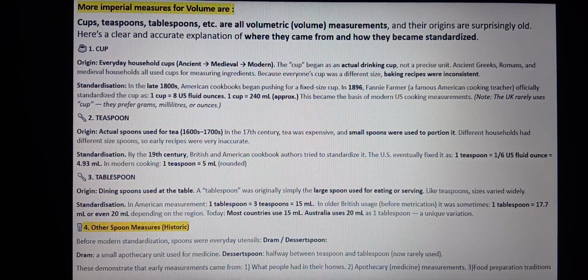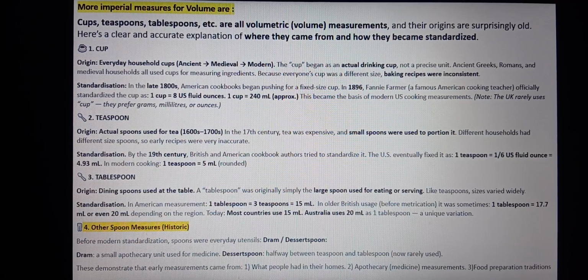In older British usage before metrication, it was sometimes 17.7 milliliters or even 20 milliliters, depending on the region. Today, most countries use 15 milliliters. Australia uses 20 milliliters as a tablespoon, a unique variation.